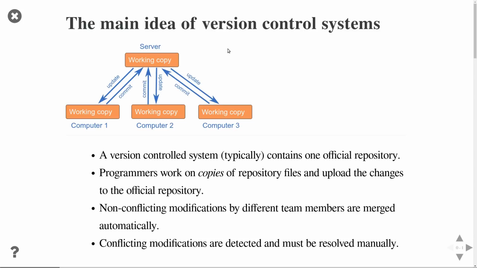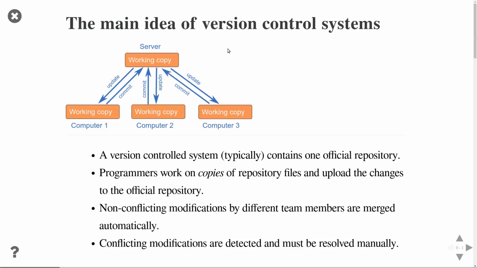Now, of course, it could be that this person downloads the copy and makes some changes, and at the same time, this person downloads the copy and also makes some changes, but they're conflicting changes. But that's fine as long as they haven't uploaded them yet. Let's say computer 1 uploads its changes. There are no conflicts yet because the conflicting changes are only on computer 2 at the moment.